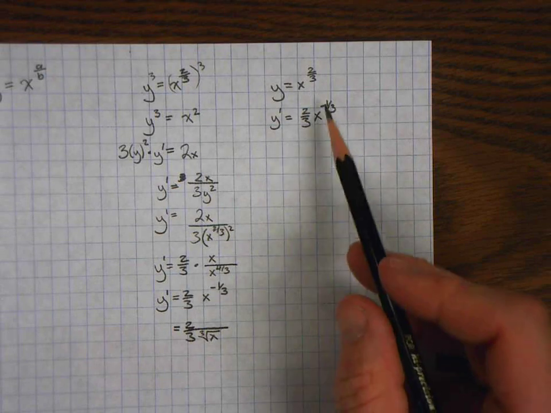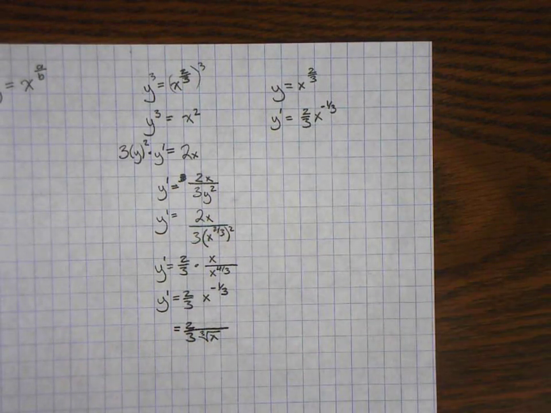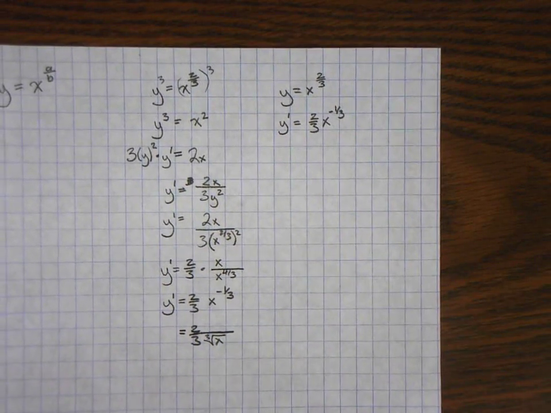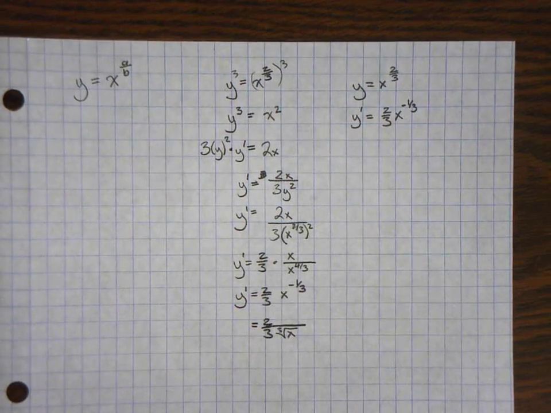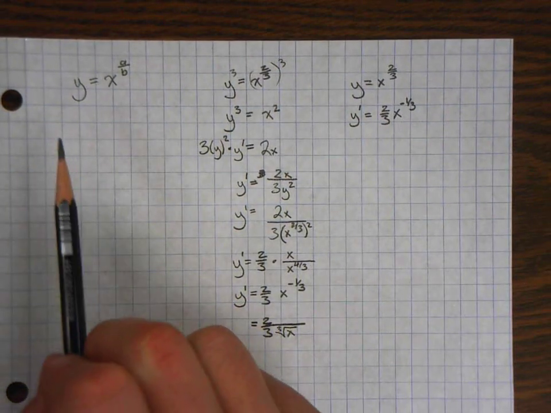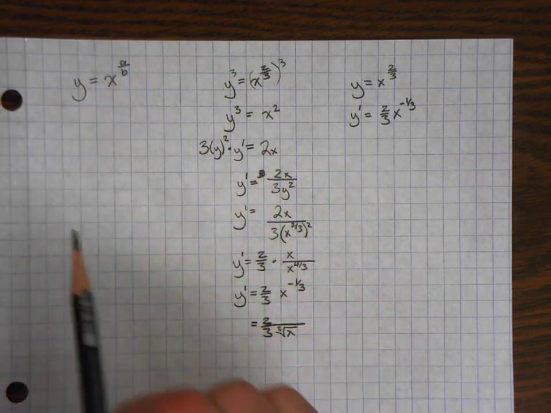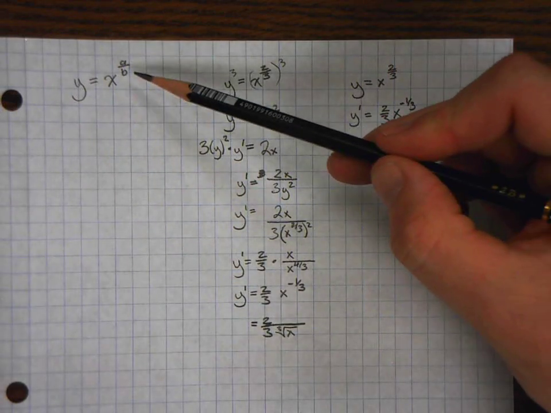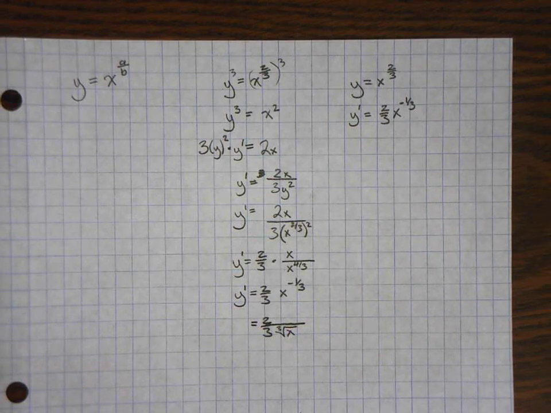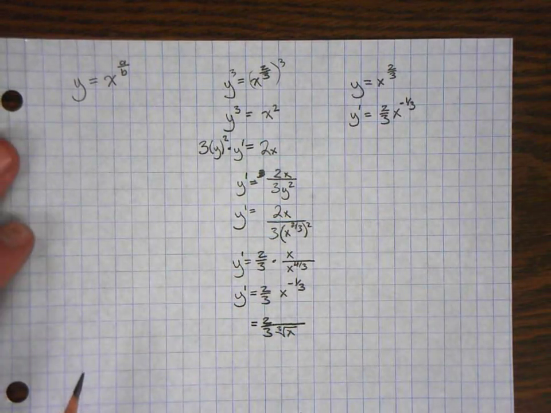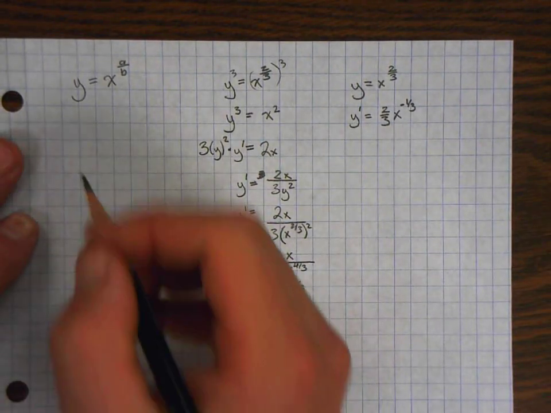Okay. So that's the exact same thing I got. Well, we don't want to have to do this every time, so we'll go back, and I'll try to keep everything side by side for y equals x to the power a over b, a rational exponent. So a has got to be an integer, and b has got to be an integer. That's what a rational number is, a ratio of two integers.